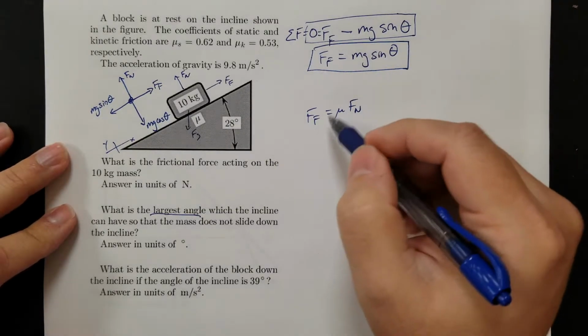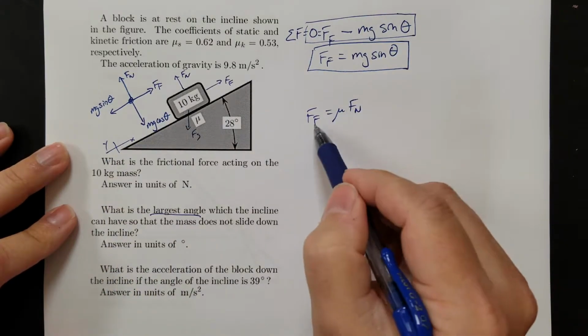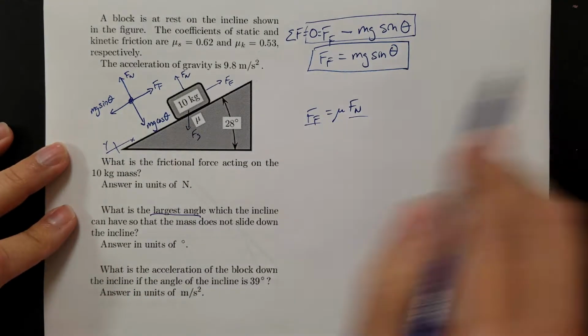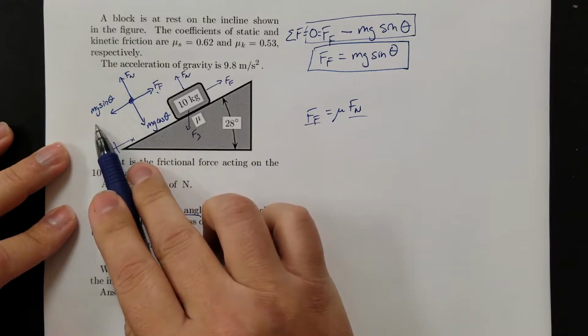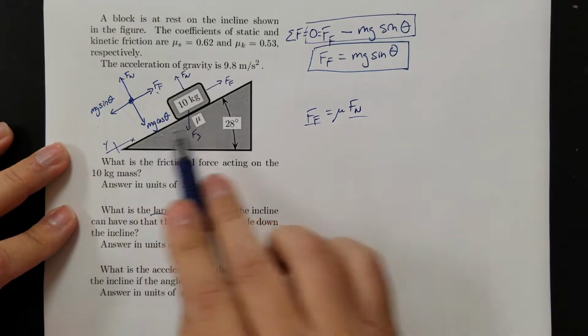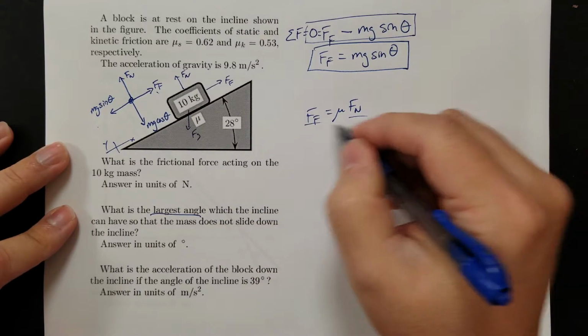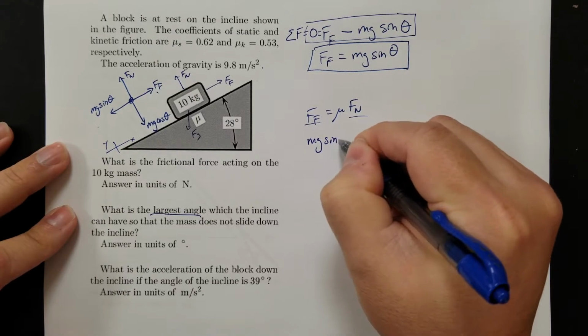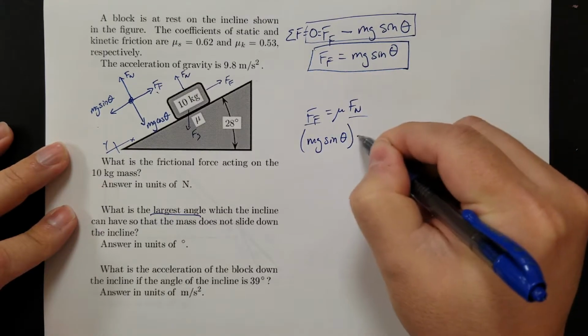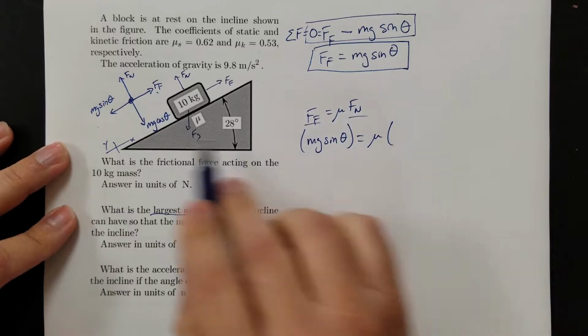So let's look at our diagram. I know what friction is and I know what normal force is, because if the thing's not accelerating, friction has to equal this one, normal force has to equal this one. So I'm just going to plug in those things to this equation. So friction is mg sine theta equals mu times normal force.